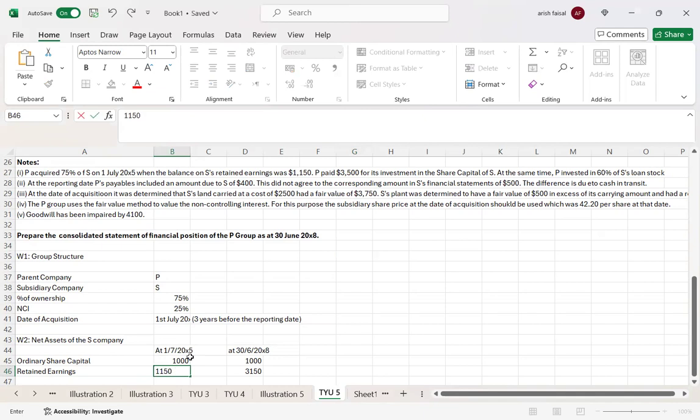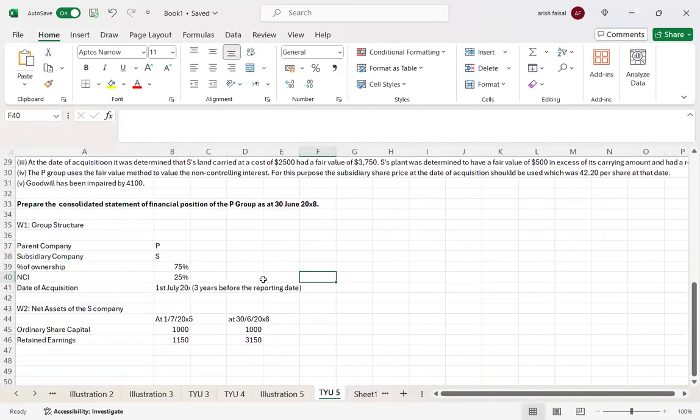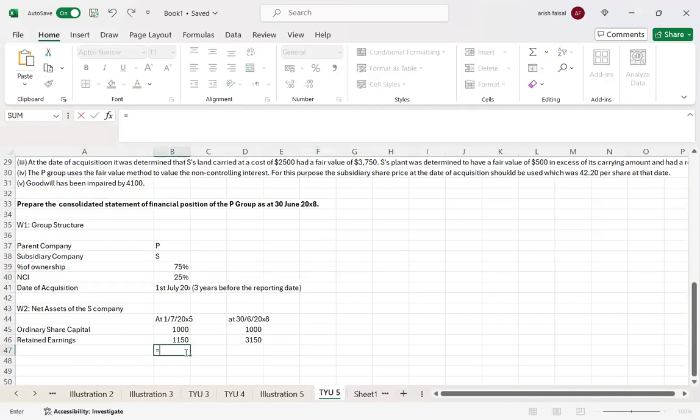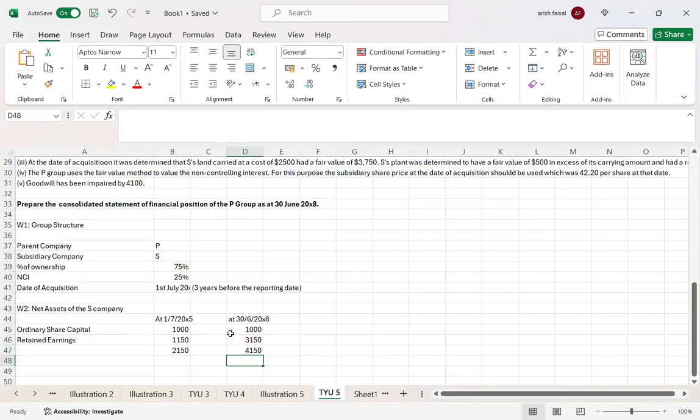So 1,150 was the retained earnings at the date when the parent P company acquired the subsidiary company, which is the S company. So the total net assets at the date of acquisition will be 1,000 plus 1,150, which gives me 2,150. And at the reporting date, it will be 1,000 plus 3,150, so that's going to be 4,150 so far.